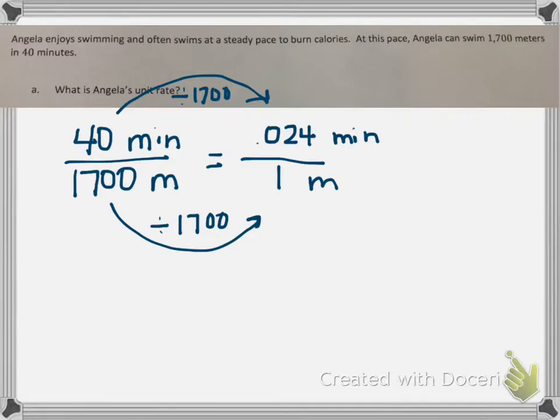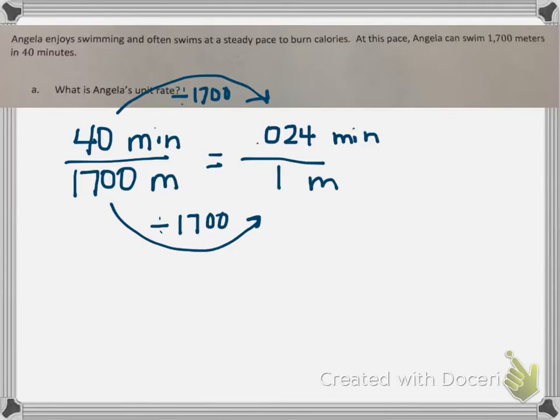So what this means is, every 1 meter of swimming will take her 0.024 minutes.